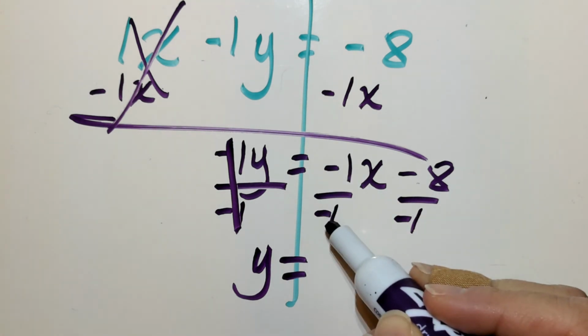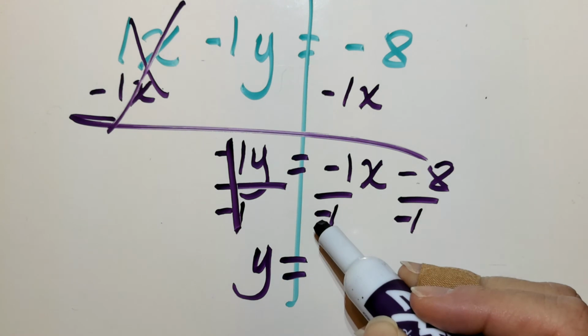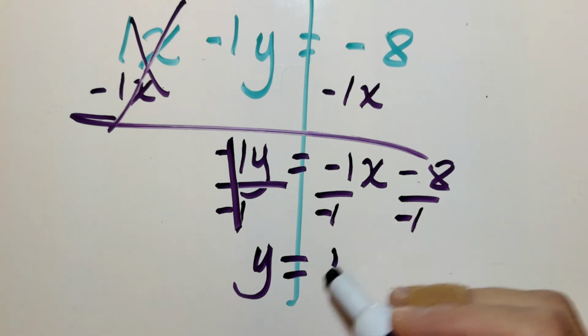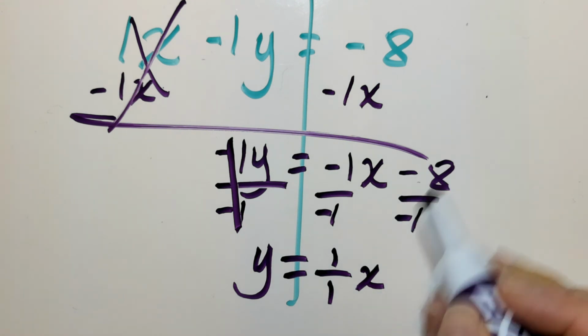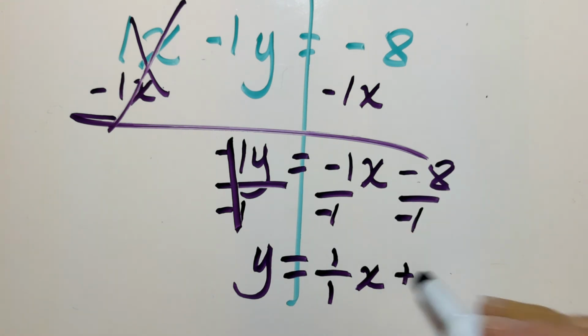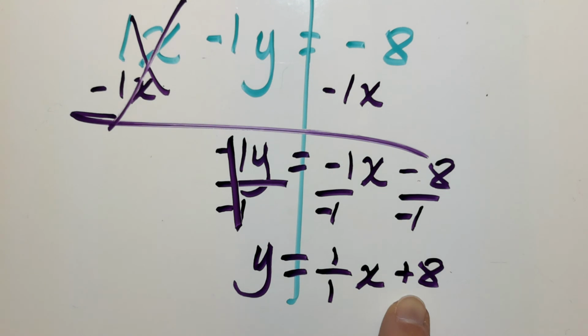We have negative 1y equals negative 1x minus 8, right? You always put the x term right next to the equal sign. Now, y cannot have a negative 1. That's not allowed. So everybody gets divided by negative 1 all the way across.